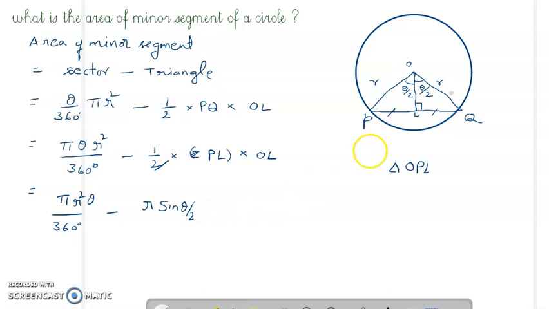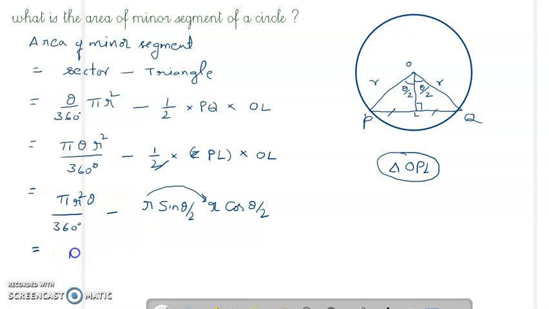Similarly, if you take cos theta by 2 in the same triangle, adjacent side is OL upon r. So r cos theta by 2 equals OL. So I can replace OL as r cos theta by 2. Now r into r gives r square, and that r square will come out as common factor from this expression.